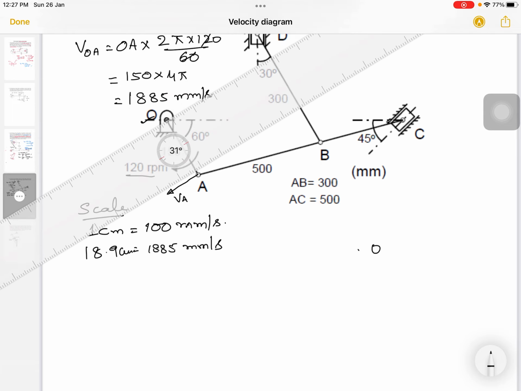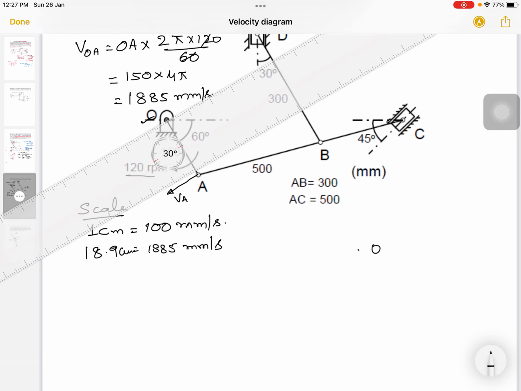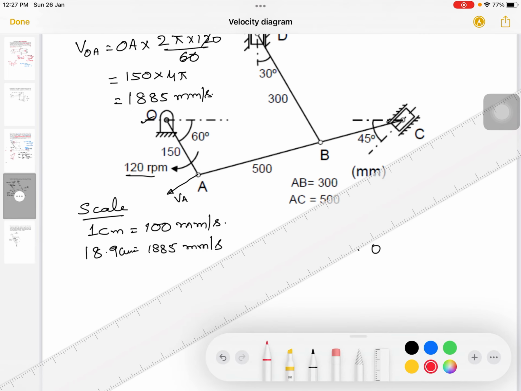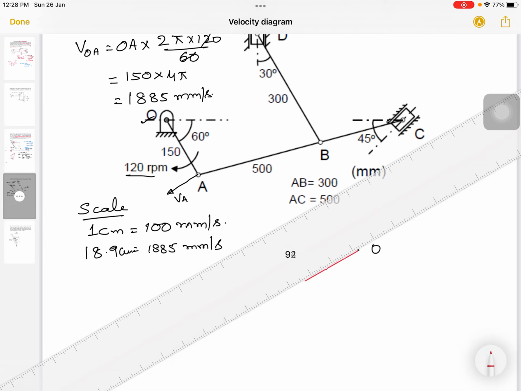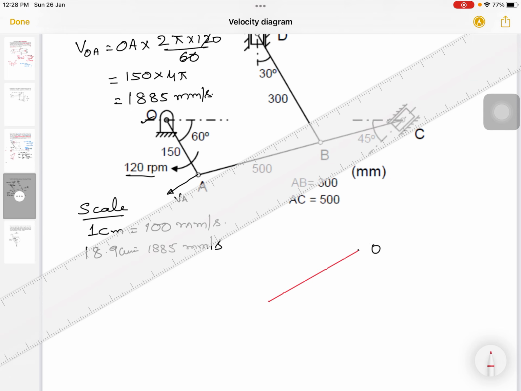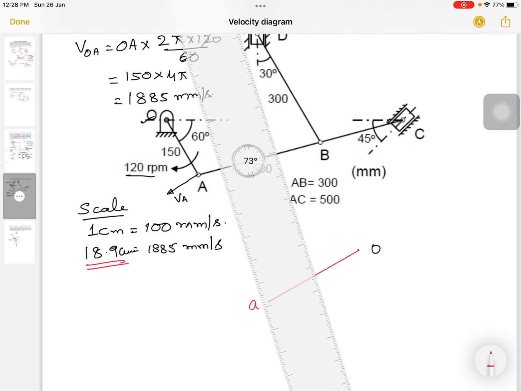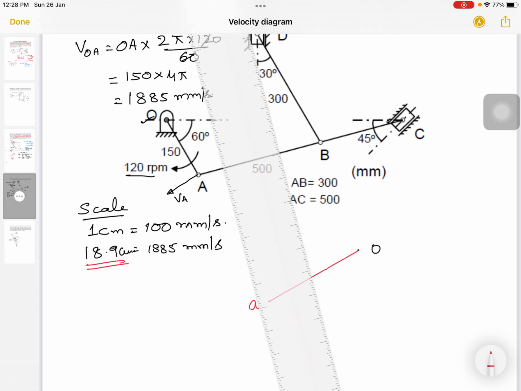Draw a line perpendicular to OA. This line length will be according to your scale. Once you get point A, draw a line perpendicular to AB, that means AC.